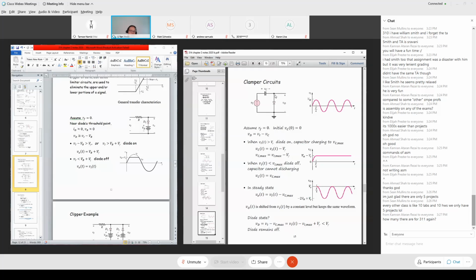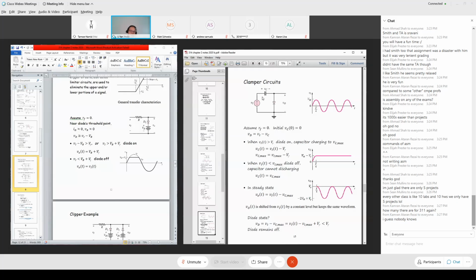Once the diode is on, we have a complete loop, and this complete loop says the source voltage can charge the capacitor. So the diode is on and the capacitor is charging. What is the capacitor charging to? The input voltage subtracted by the diode voltage, which is V gamma. So VC equals VI minus V gamma.